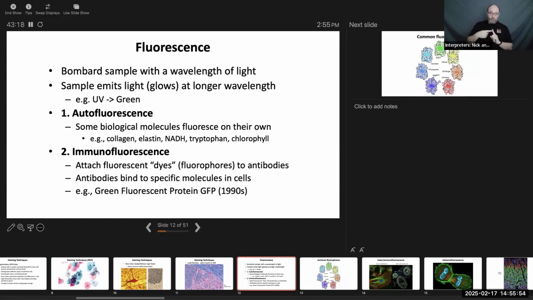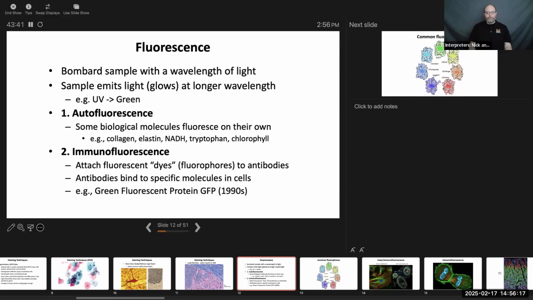So they absorb light at one wavelength, and then they emit that light at a longer wavelength.